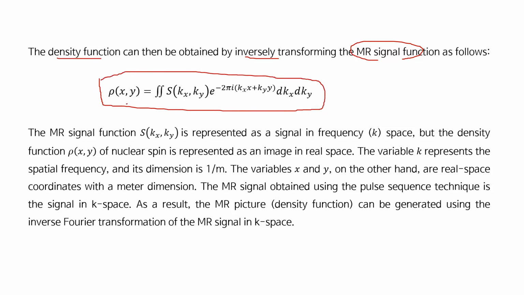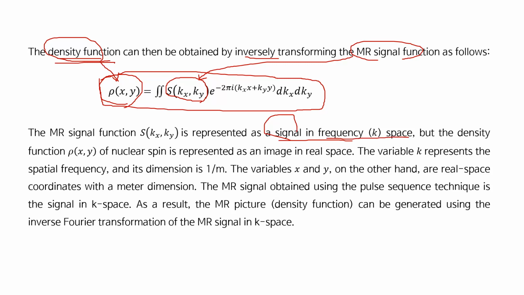So rho(x,y) is the density function, and S(kx, ky) is the MRI signal function. The MRI signal function S(kx, ky) is represented as a signal in a frequency space.